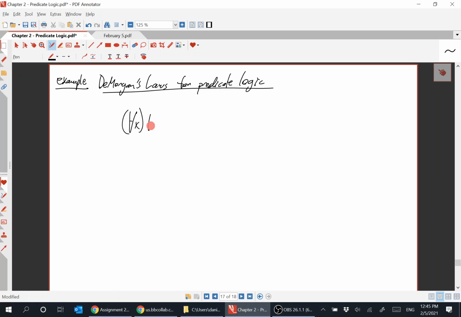And they are the following. So, kind of what we've been saying for a while now. Not for every x, p of x. Not all x are p. Not every x is p, by definition of what for every x means.